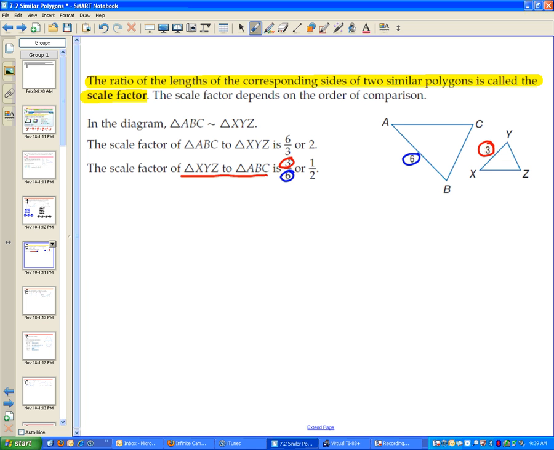If you're writing it yourself, it doesn't really matter. You write down your similarity statement, and then you write down your scale factor. But if they tell you the order to write it in, then you've got to write it in that order. Do you see why it matters? Because 2 and 1/2 are not the same thing, are they? So it really does matter which one you do first.